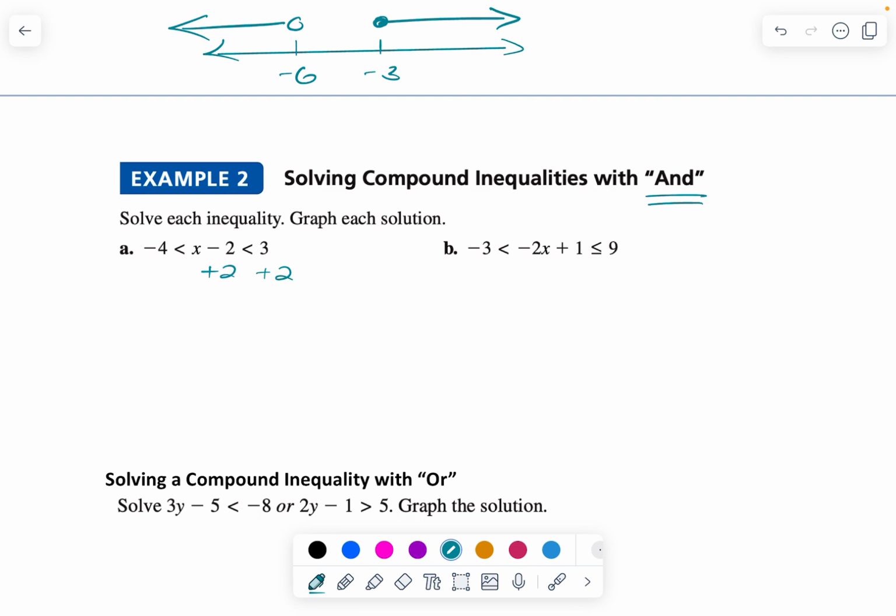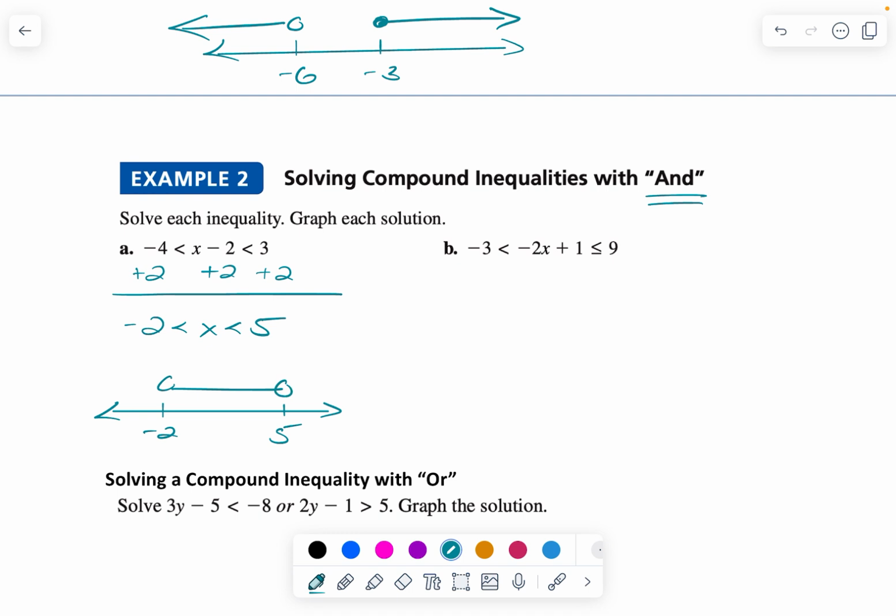Since these compound inequalities have 3 parts, whatever you do to one section, you have to do to all sections. And we have -2 less than x less than 5. Now we have x by itself. I'm going to put in my -2 and my 5, and it's the sandwich.